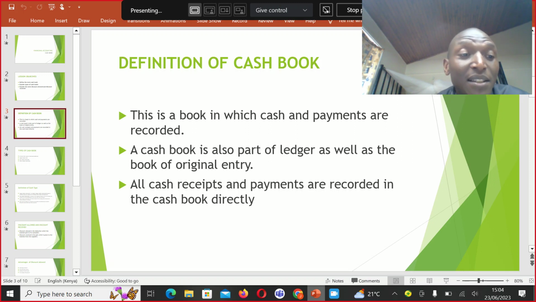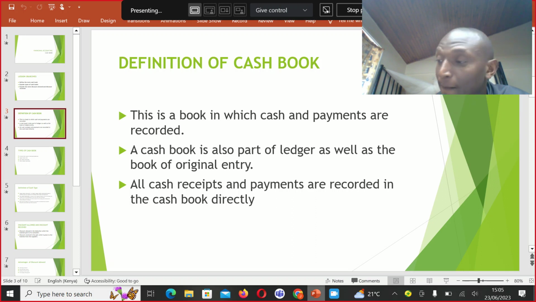Now, class, we want to discuss types of cash book. Before I share what I have, do we have anybody who knows any kind of cash book? Yes, sir.